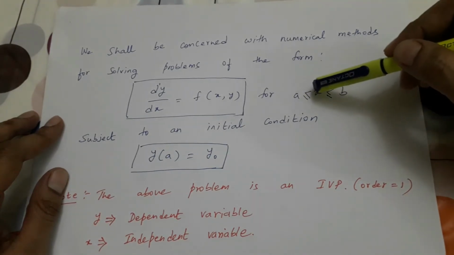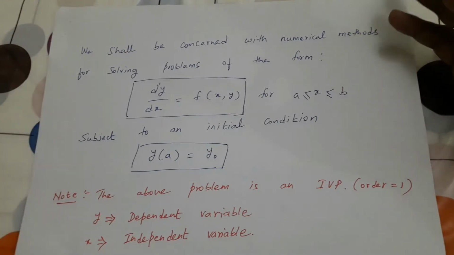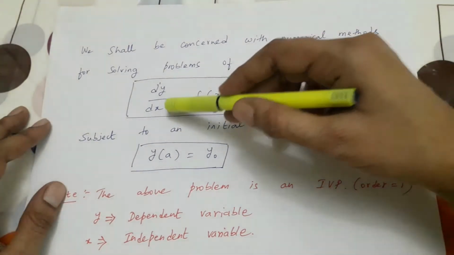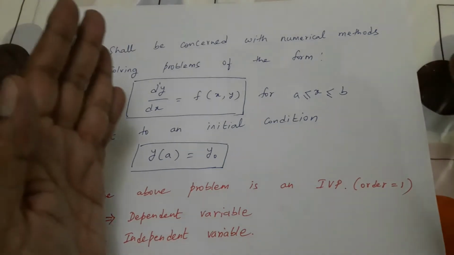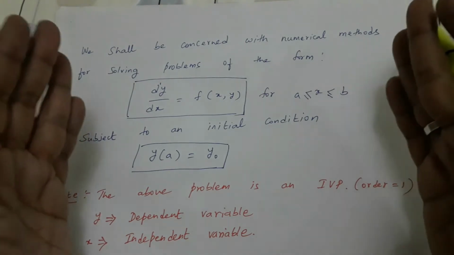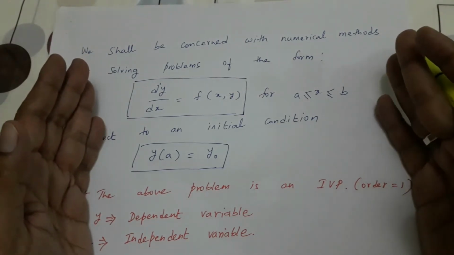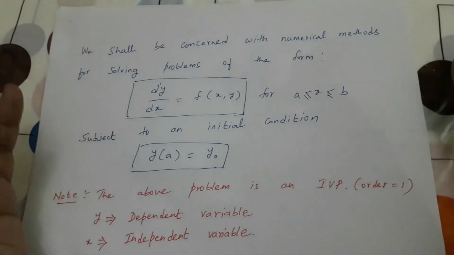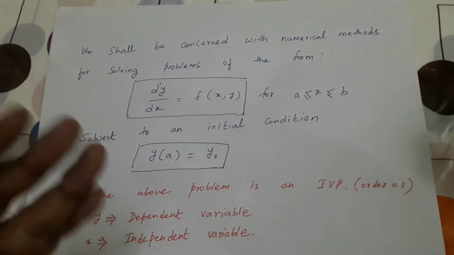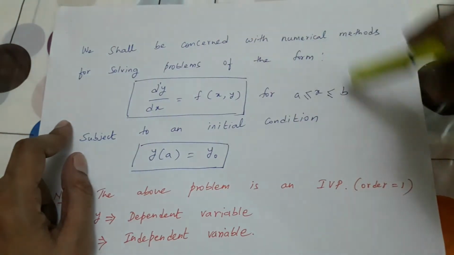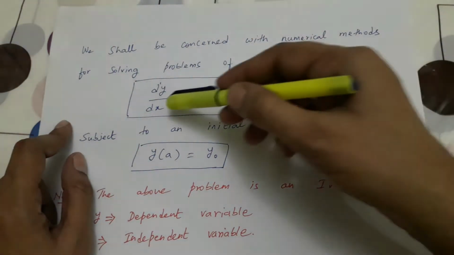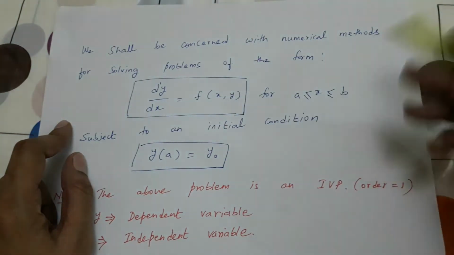All our engineering systems are finite in size. x, your independent variable, can be space or it can be time. Space is a finite quantity, and time is also a finite quantity. When you are working on spatial coordinates or on any object, the length, width and height are fixed.